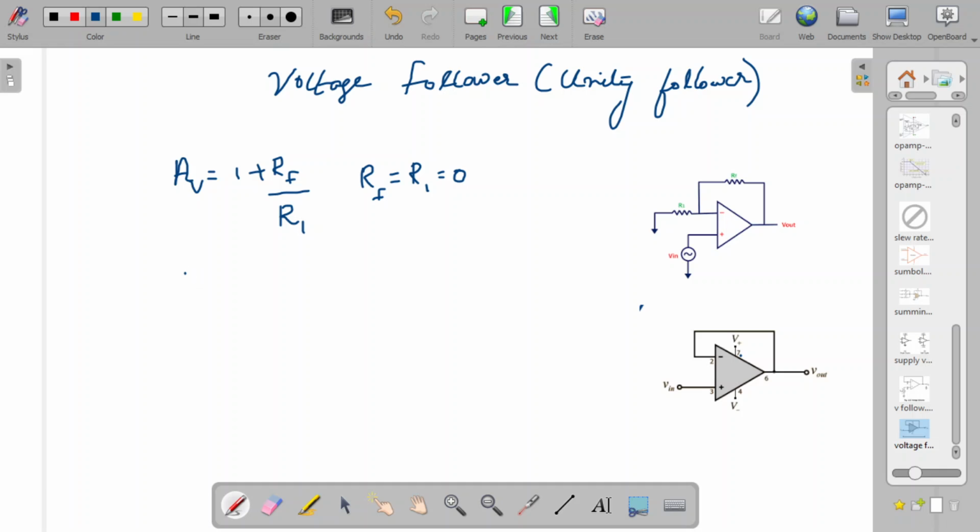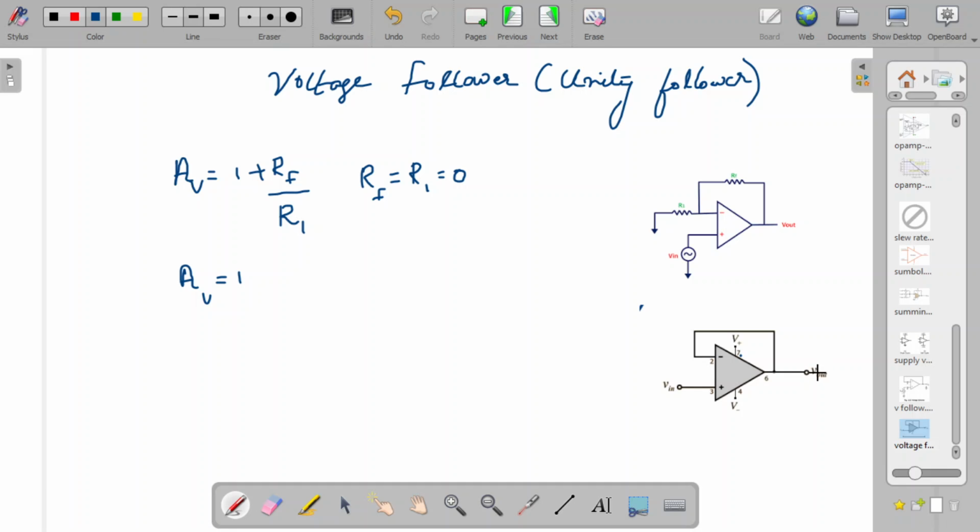So I can say that the gain here is equal to 1, which means that amplification of the signal will not take place in this unity voltage follower circuit. Whatever is given at the input side is directly produced at the output side. No gain is actually happening, or you can say that the gain is 1.